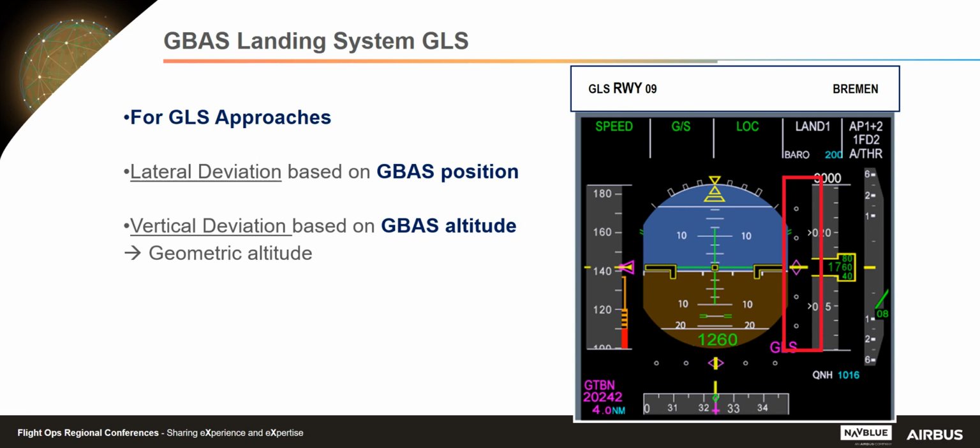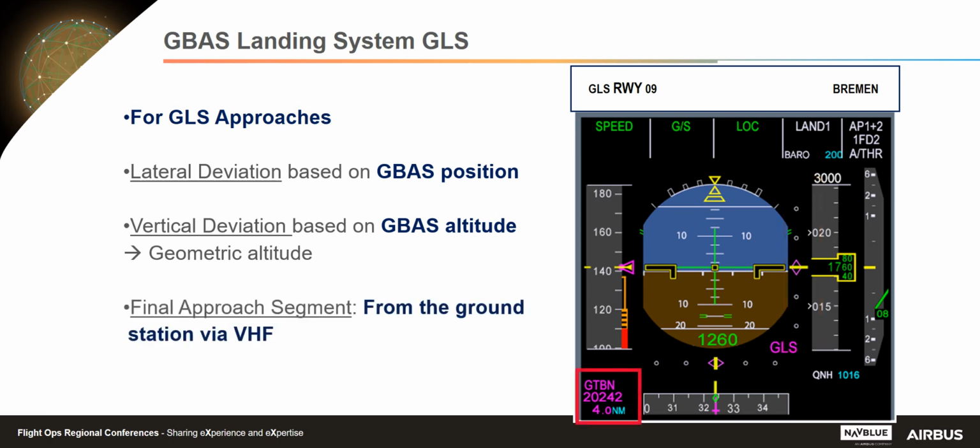GPS position is not enough precise to be used for vertical guidance, but thanks to the augmentation, the GBAS altitude is precise enough to be used. The final approach segment, as well as position data, is transmitted from the ground station. So, for example, you do not need to have an FMS to perform a GLS approach. You can use directly tuning via your RMP.